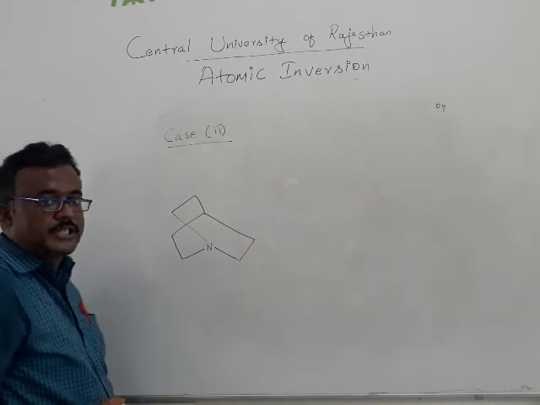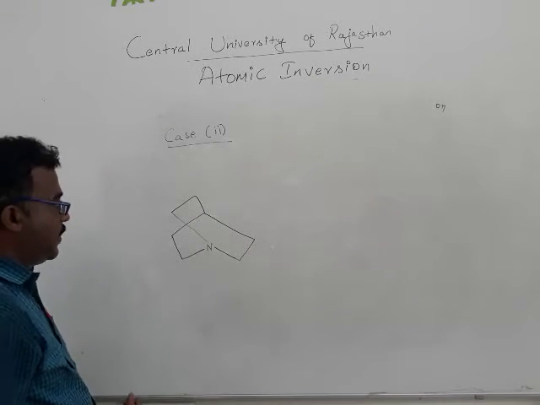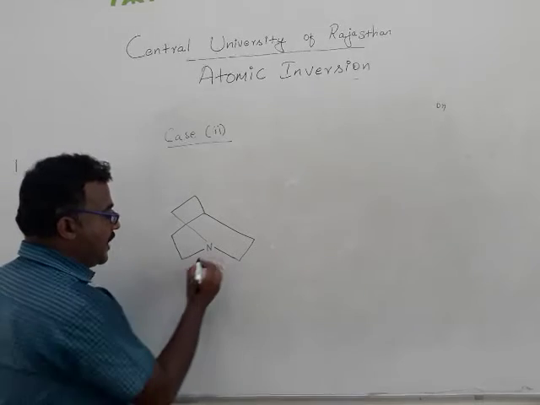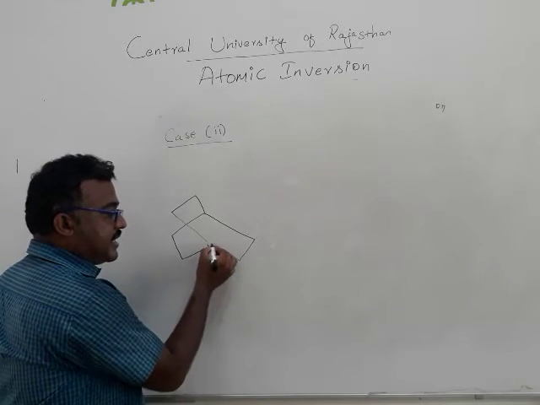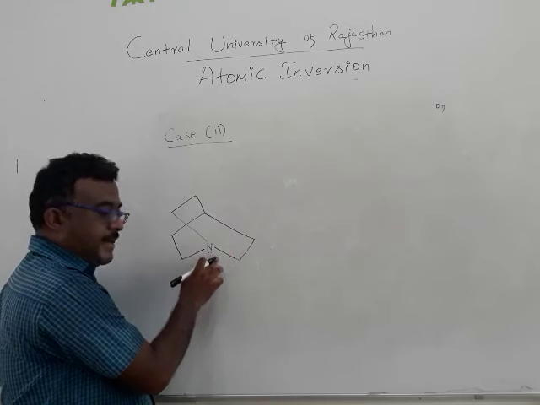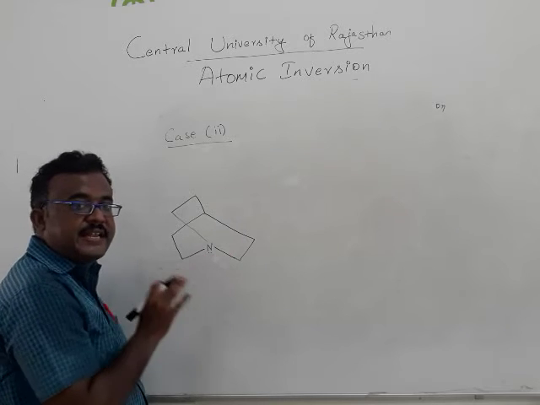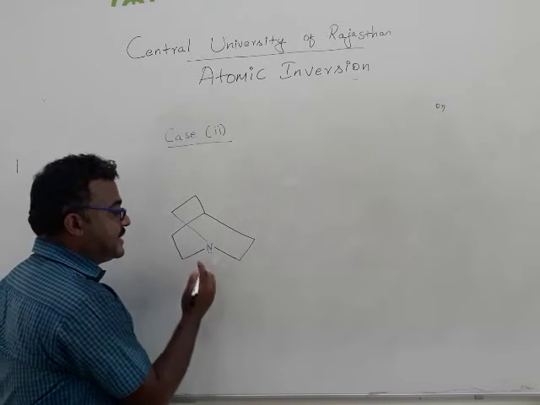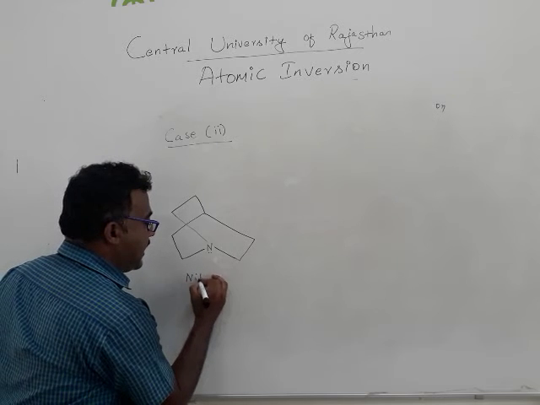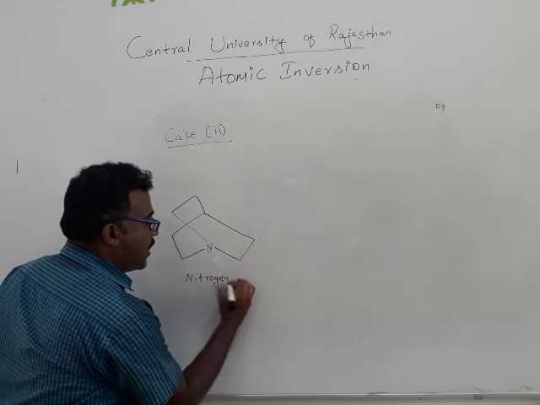This molecule is called quinuclidine. If you take this molecule, you can see that again this nitrogen center is in pyramidal geometry. It does not have any ring strain, but the nitrogen center is locked.